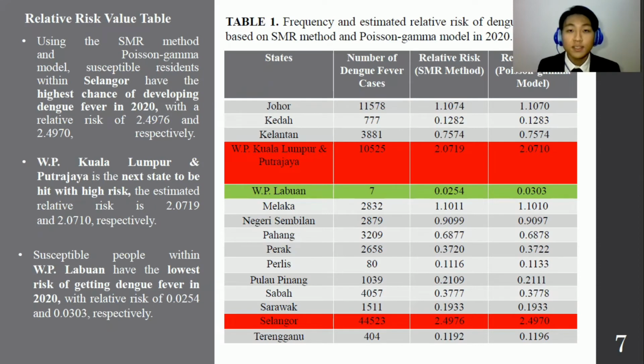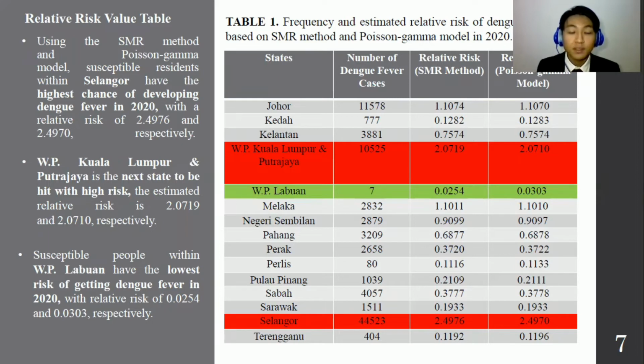Okay, table 1 shows the frequency and the estimated relative risk of dengue fever based on the SMR method and the Poisson-Gamma method in 2020. Using the SMR method and Poisson-Gamma model, the residents in Selangor have the highest chance to develop dengue fever in 2020, followed by Kuala Lumpur and Putrajaya, which has a high risk as well with 2.07.